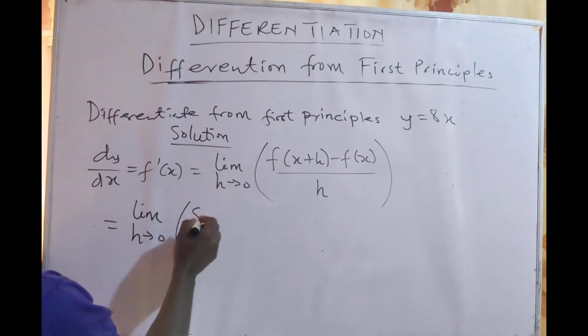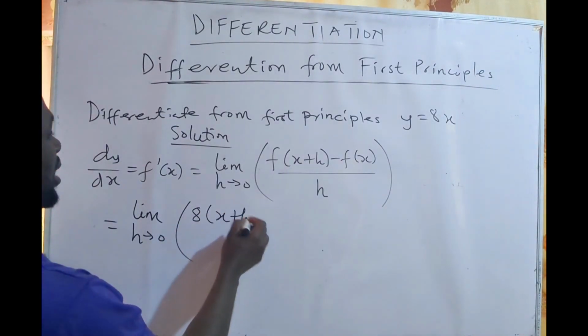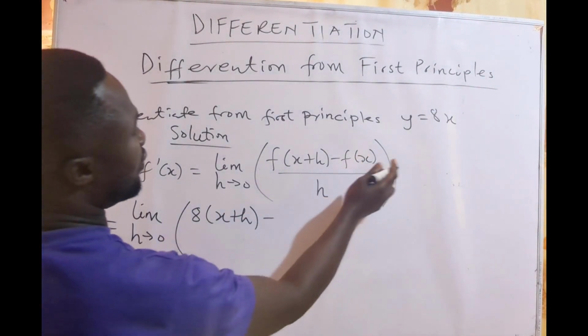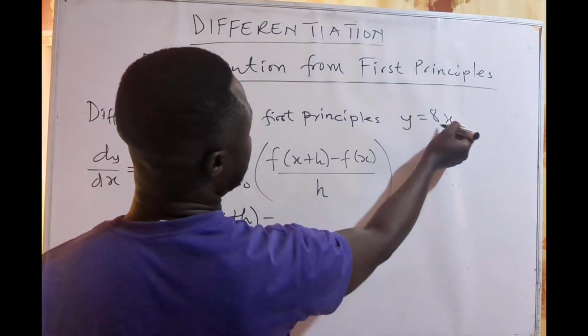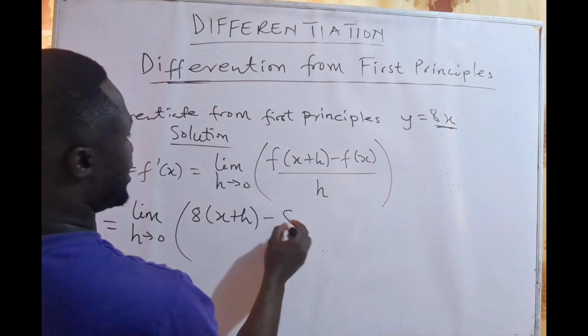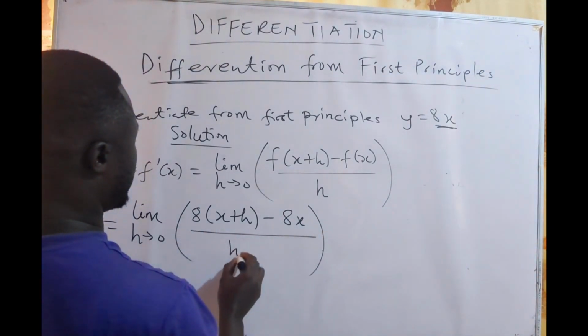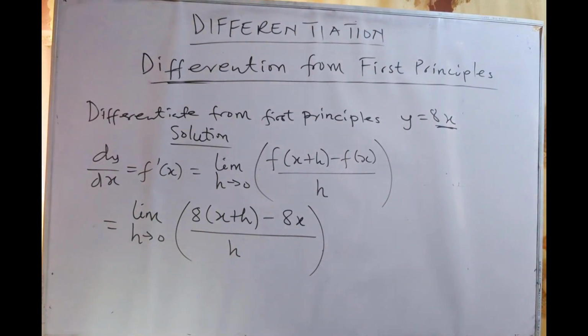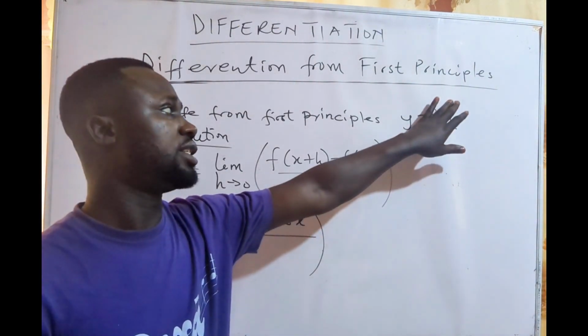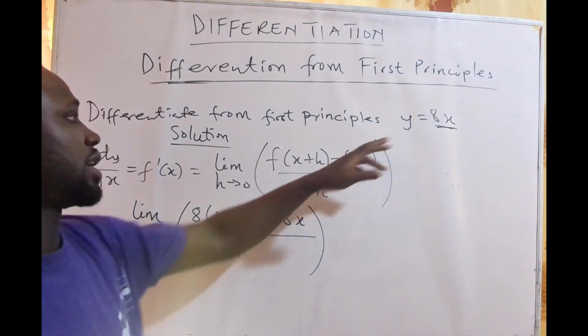So that can be written as 8 of x plus h minus f of x. What is f of x? f of x is this particular function here, 8x, all divided by h. So this is what we are going to have. This y is equal to 8x is the function f of x.